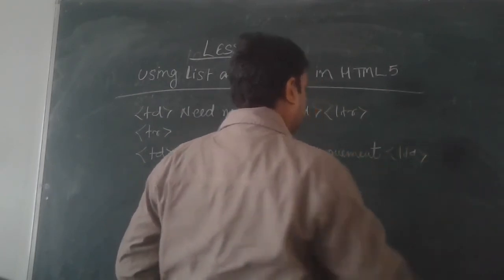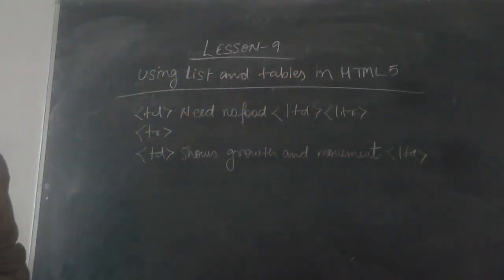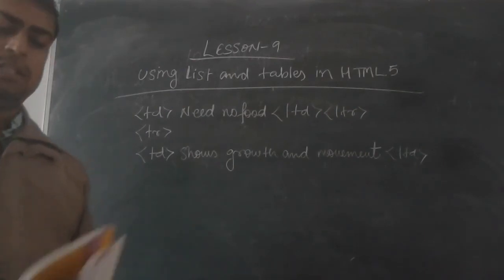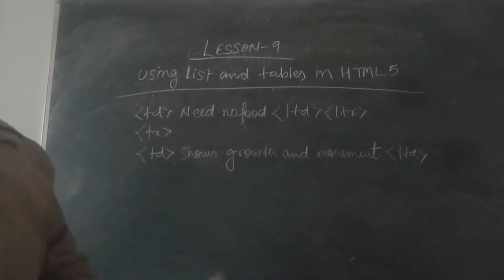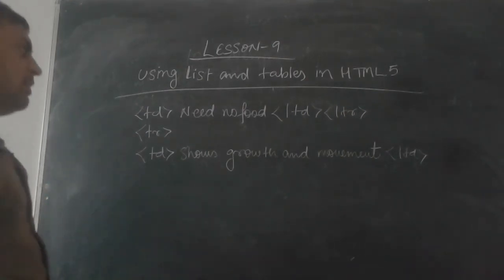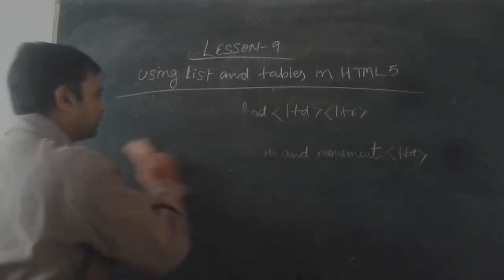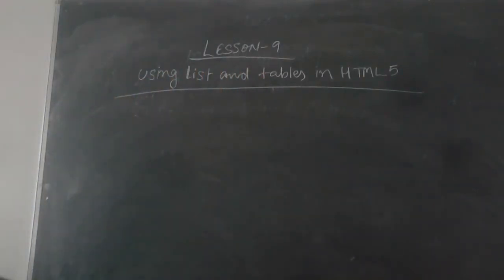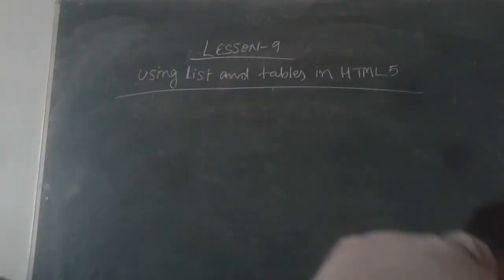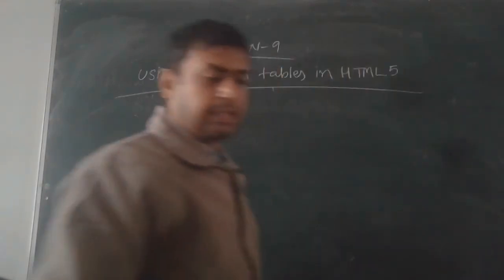This is TD. Now this is the next value. If you want some more values, then you can use them. Now I am showing you one tag in which you can use the CSS properties directly inside the table tag.